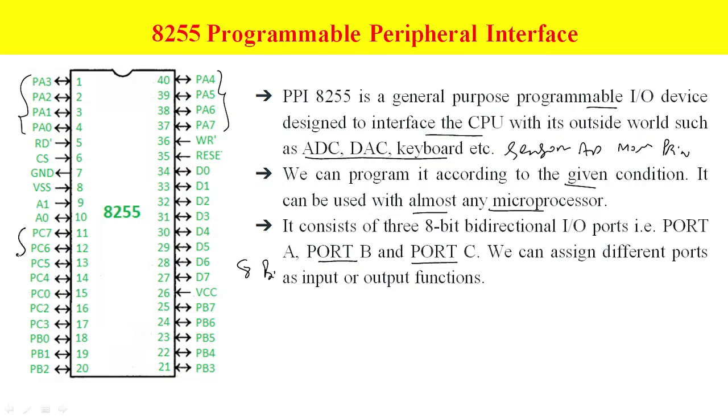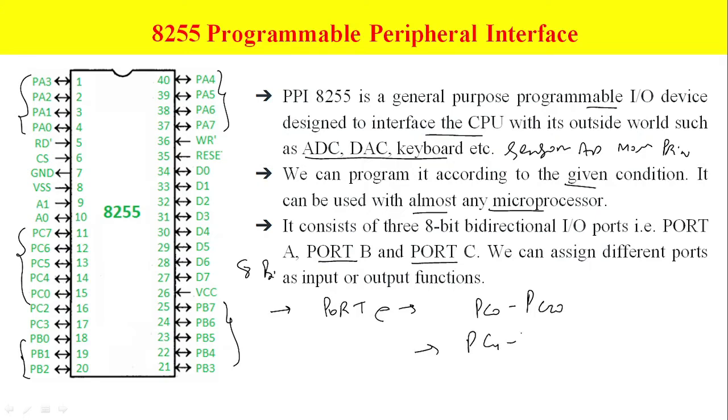This is port C, and this is port B. Another important thing is that port C is divided into two parts. You can use PC0 to PC3, or you can use PC4 to PC7. So it has two different groups in port C.